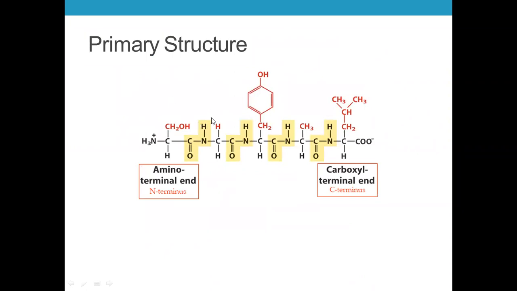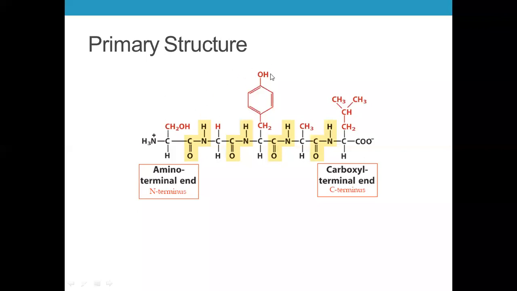So in the primary structure, the C-C bond can be rotated, and the N-C bonds from the peptide structure can be rotated. And that would give rise to different conformations of the protein.